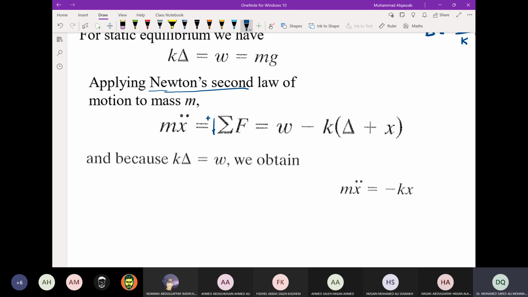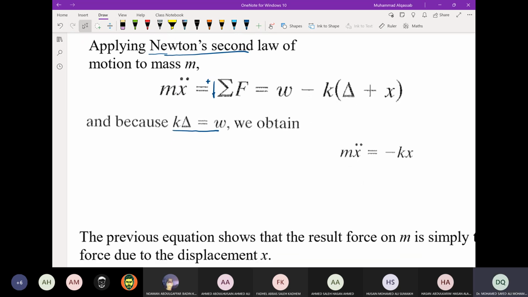So it is W minus K times delta plus x. And since K delta equals W, which is the equilibrium equation, you will end up with m x double dot equal to minus kx. This equation is familiar to what we did in chapter 1 about harmonic motion. So if you just divide both sides by m, you get x double dot equal to minus k over m x.